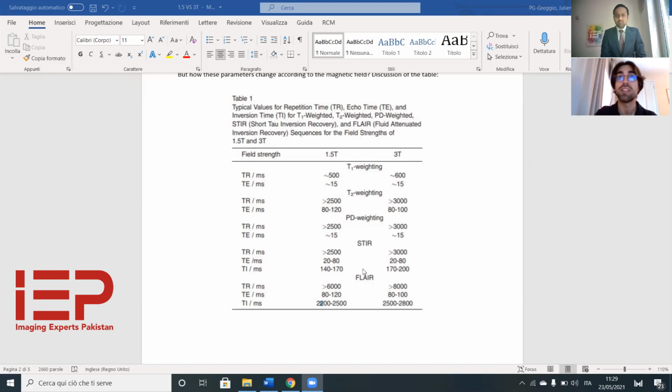Otherwise, we will have a deficit in the saturation. It could be, for instance, of the fat in the STIR, or it could be in the CSF in the FLAIR. We recently had a case in our department where the protocol was imported from the 1.5 system to the 3 Tesla system, same vendor, without adapting the time of inversion from 1.5 to 3 Tesla.